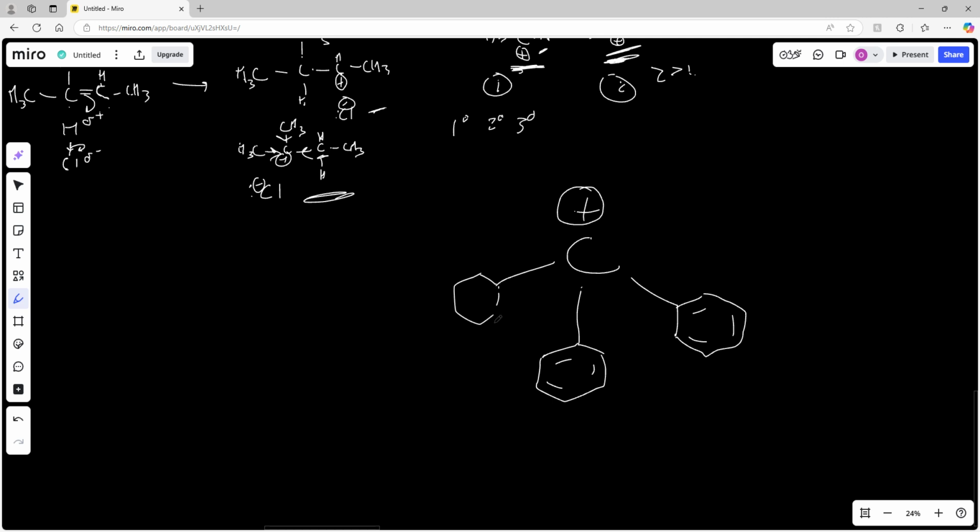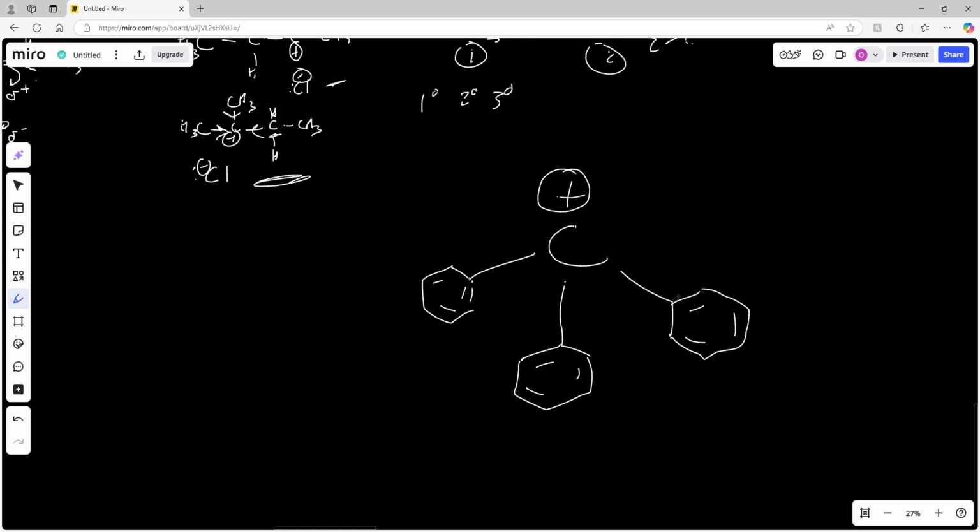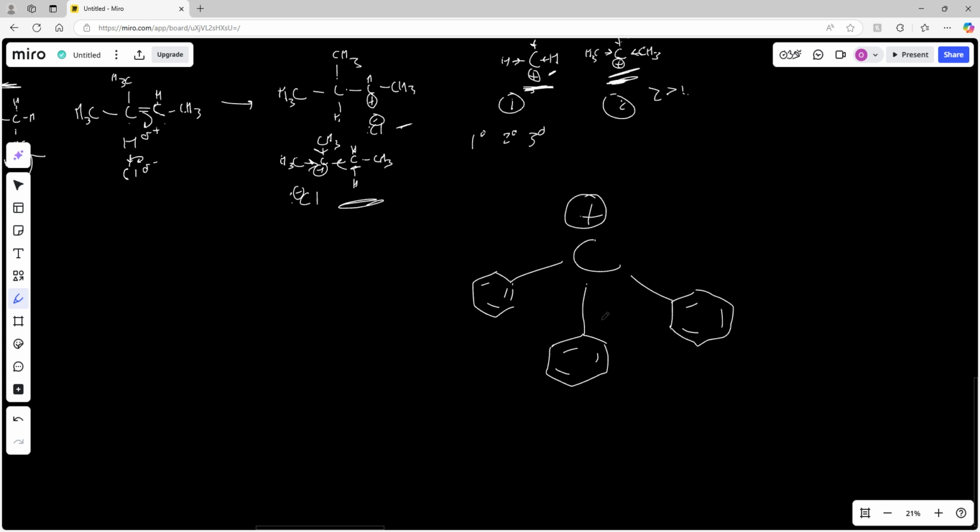So let's say it looks something like this. What actually happens is we basically get resonance. So we get loads of intermediate forms where it increases the stability much greater. So we get a curly arrow that goes from here to here, and then this one goes from here to here, and then this one goes from here to here, as one of the options.